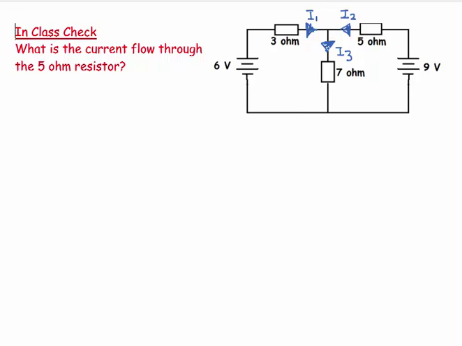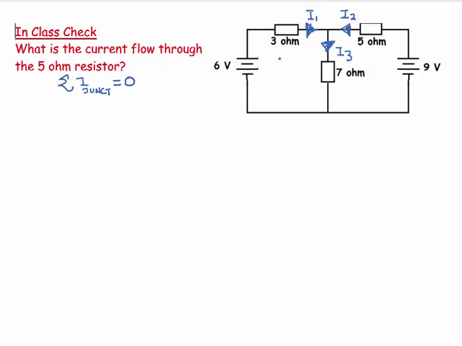The important thing is that having made those choices, I will take them into account as I do the mathematical bookkeeping, which I begin to do now. So this is a formulaic approach to problem solving. The first rule is the junction rule. What it says is the sum of the currents at a junction equals 0.